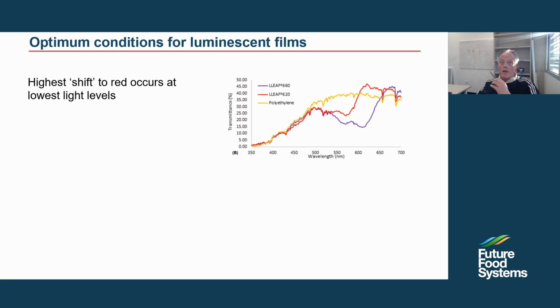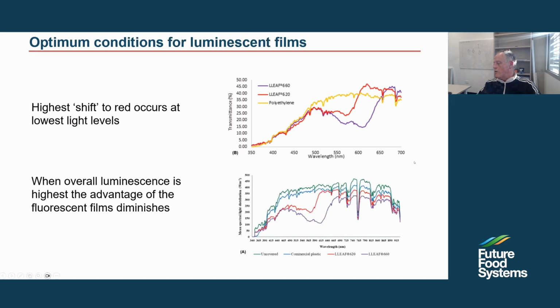As you increase the light from that point, increasing amounts of light are going straight through the film to the target unaltered. And at that point, what we start to find is that we do get a drop off, and we don't reach the level of the light that's going through the polythene.